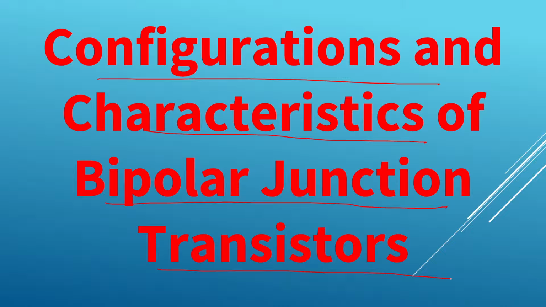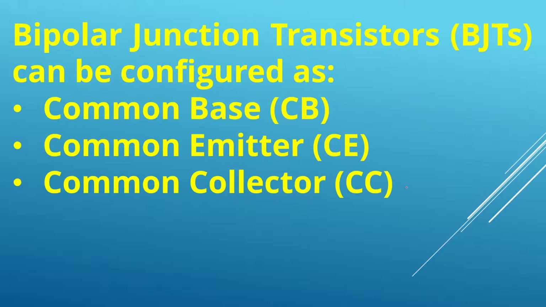At the beginning of the previous topic, I already told you there are three configurations of bipolar junction transistor: common base configuration, common emitter configuration and common collector configuration. Common base is usually denoted by CB, common emitter by CE, and common collector by CC. Just write it down.